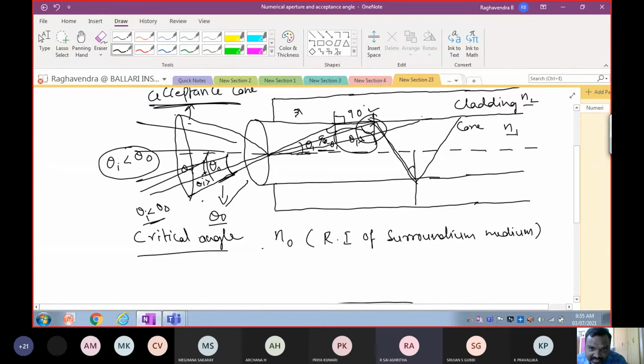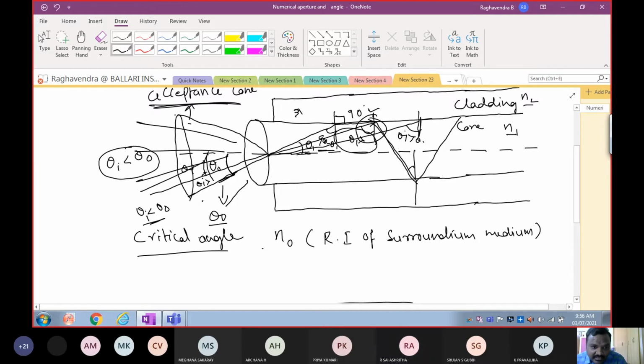Here at the interface, the angle of incidence is greater than the critical angle. Okay, sir. To undergo total internal reflection, the angle of incidence should be greater than the critical angle, right? Yes, sir.